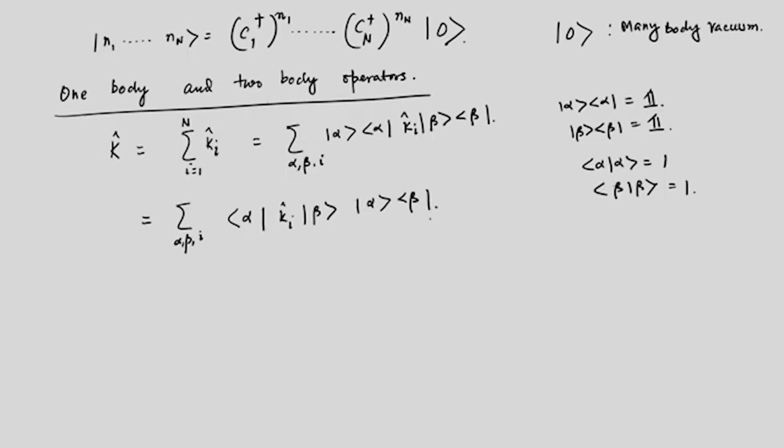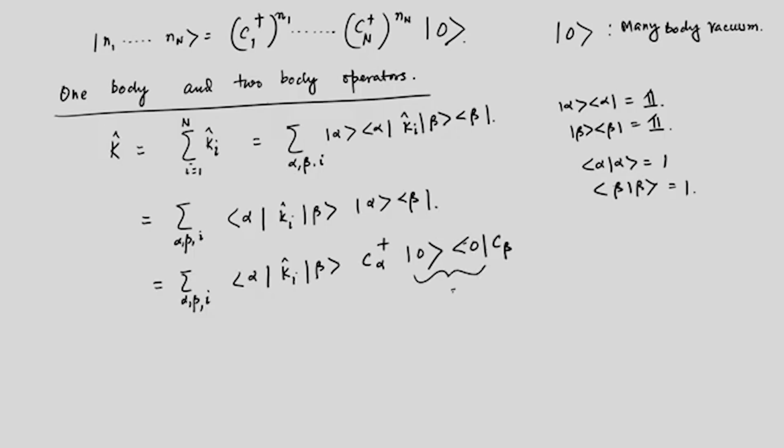And so, these are written in terms of the matrix elements. So, these are alpha beta and I, and this is like alpha k I beta and C alpha dagger 0. So, alpha is written in terms of C alpha and a vacuum, and the beta is written as a 0 and a C beta.